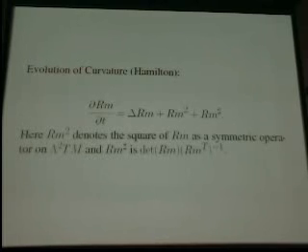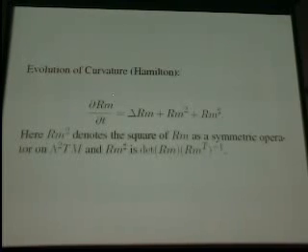So the next thing that was important in Perelman's work towards the geometrization conjecture is the evolution of curvatures. Hamilton established the following curvature equations on the evolution of curvatures.